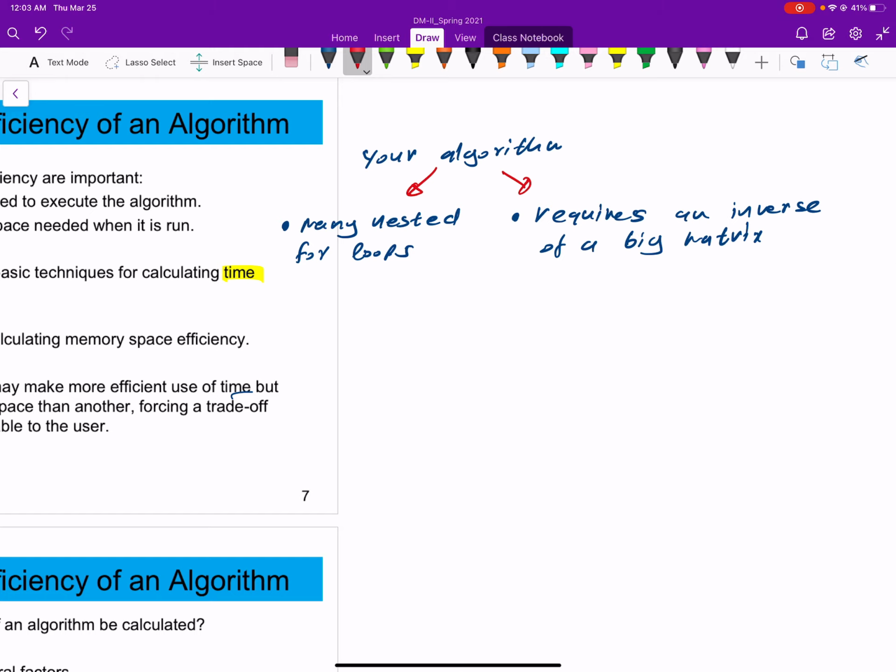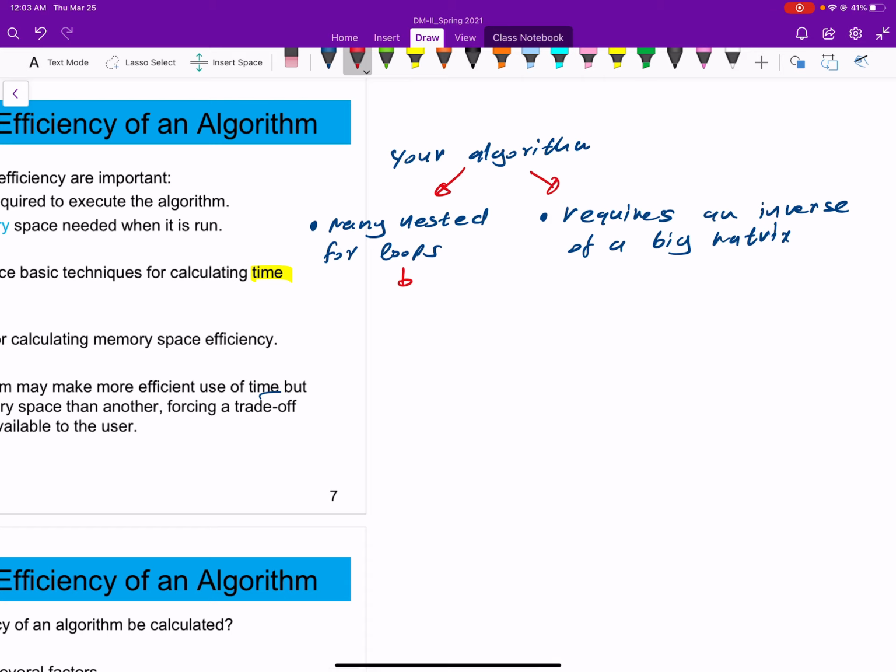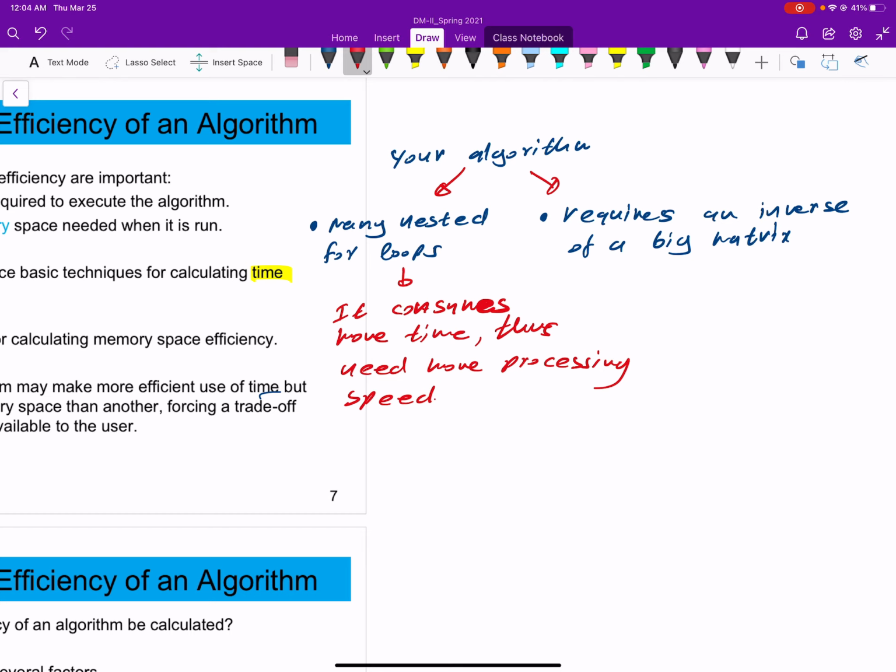In the first case, many for loops means it consumes more time, thus needs more processing speed.